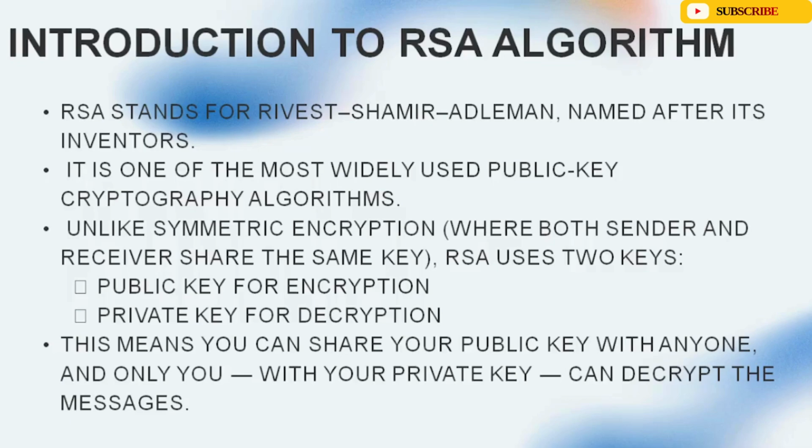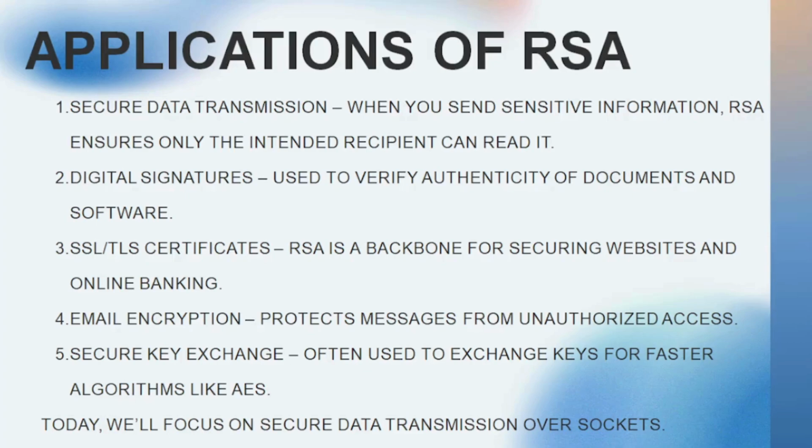Okay, RSA is everywhere in our daily digital life, but here are some key applications of the RSA algorithm. RSA is used for secure data transmission. It is also used for digital signatures to verify the authenticity of documents and software.